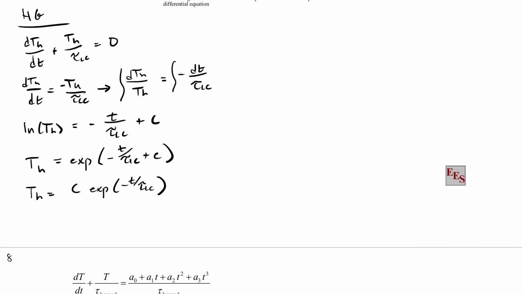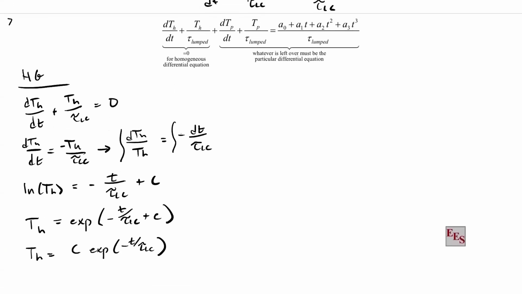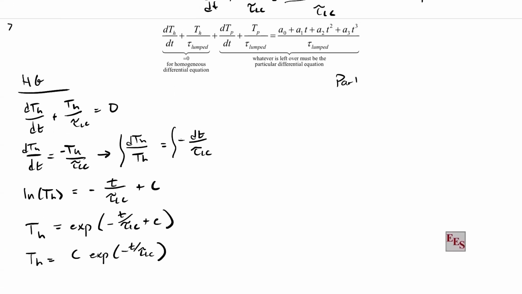It's still like the exponential of C out in front, but it's an unknown constant, so we can absorb that. Any questions on that? Makes sense. Okay, good. So that's our homogeneous solution. For the particular solution, this is maybe something a little different from what we've done before.